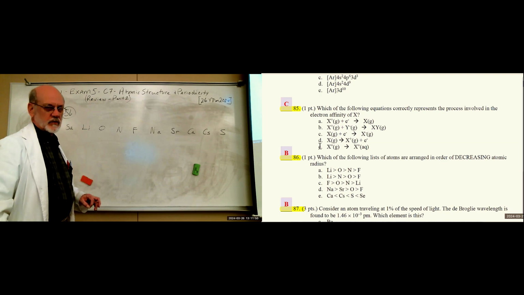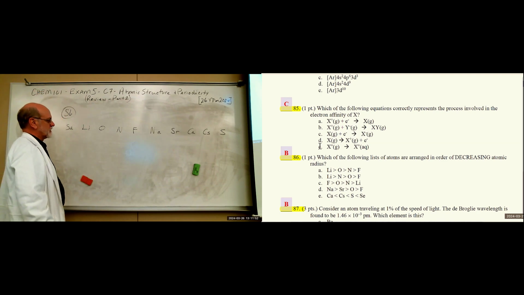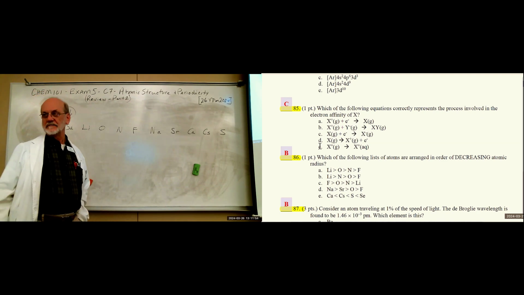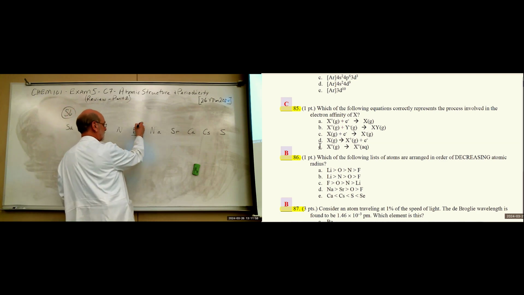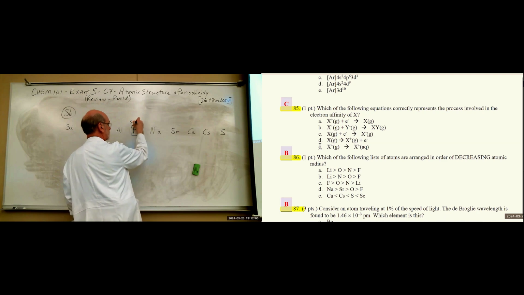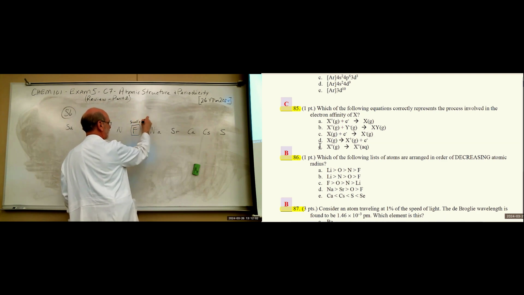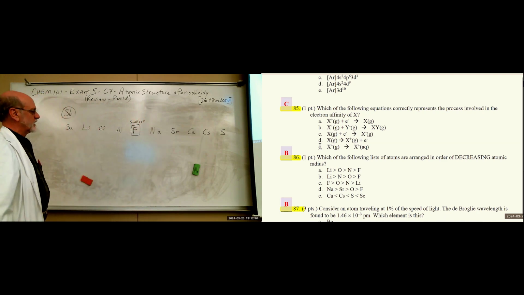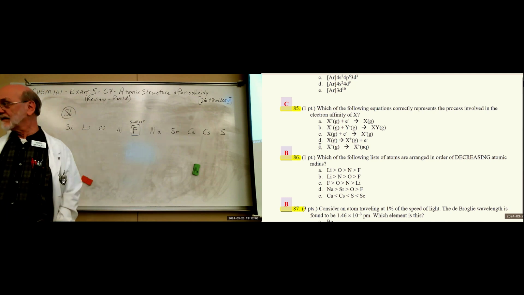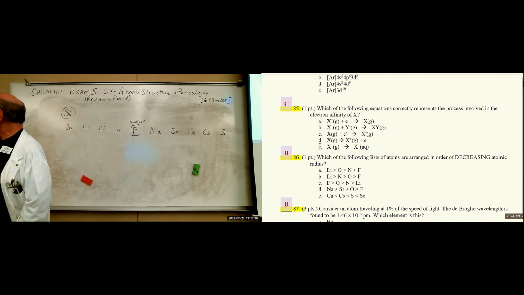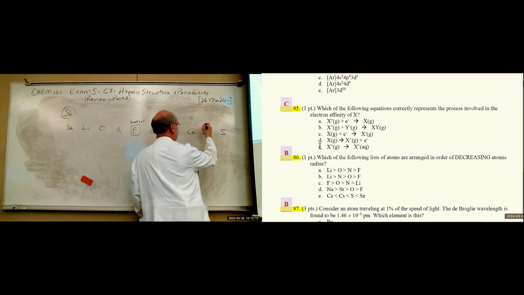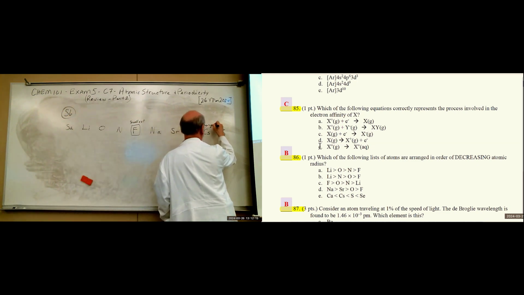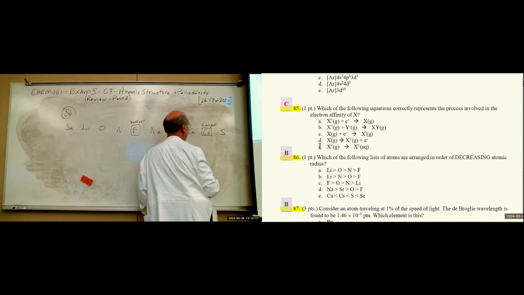Decreasing atomic radius. Which would be the smallest atomic radius in that whole group? Upper right-hand corner, right? Fluorine. That's the smallest radius. Which would be the biggest atomic radius? Lower left-hand, right? Cesium. Cesium would be the largest. Okay.